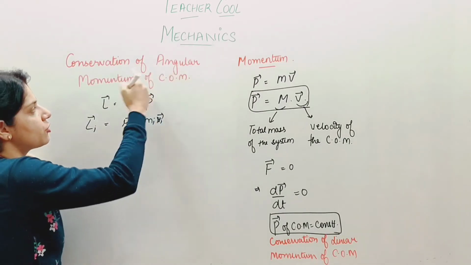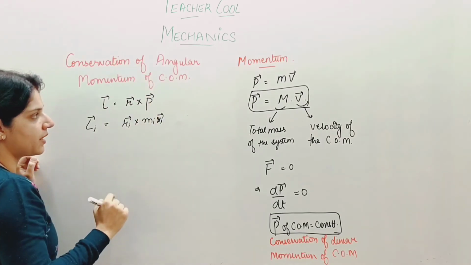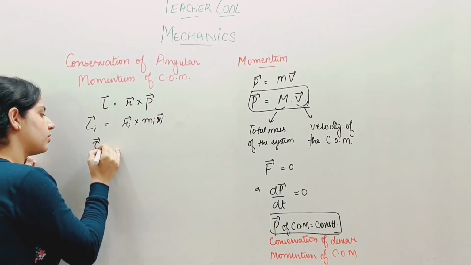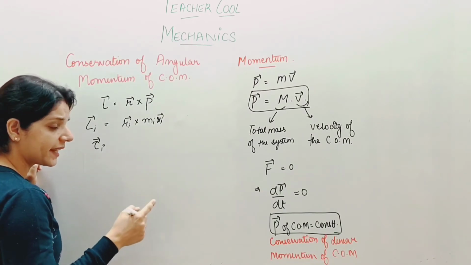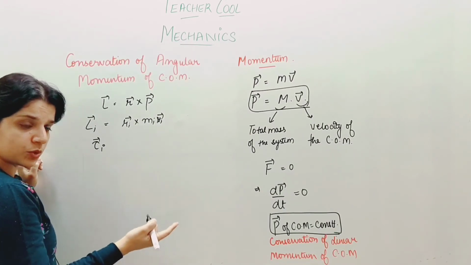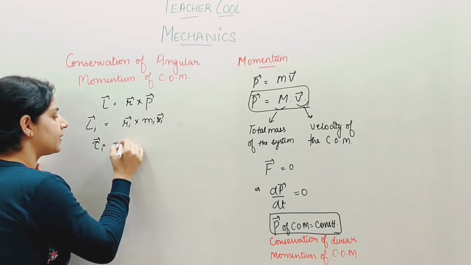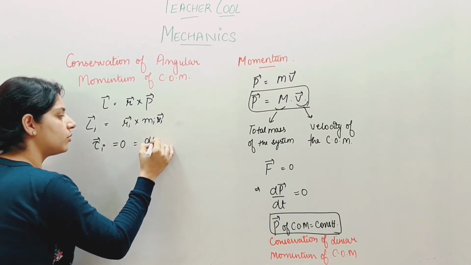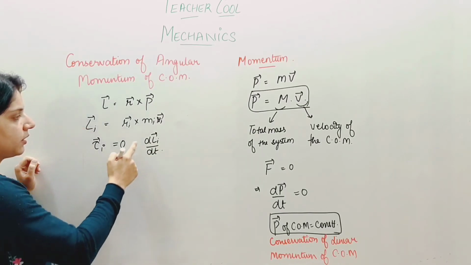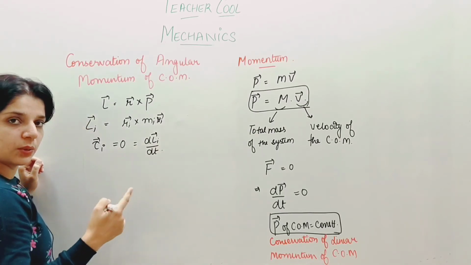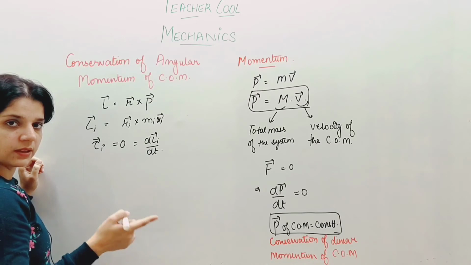Since it is the conservation of angular momentum of center of mass, that means my torque which is acting on the ith particle, the total component, just like we did in linear motion, if it is 0, which is also equal to dLi by dt, that means dL by dt is equal to 0.